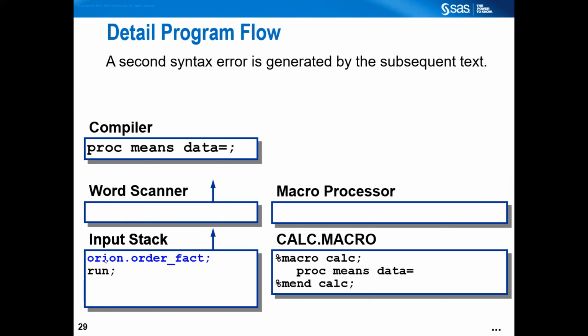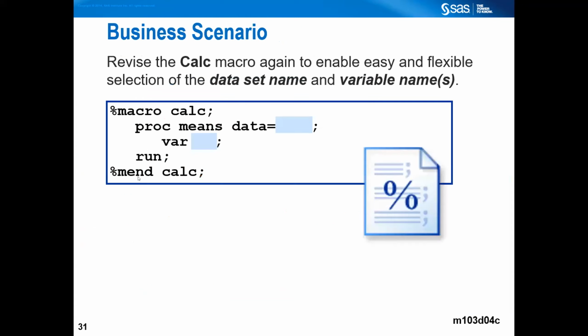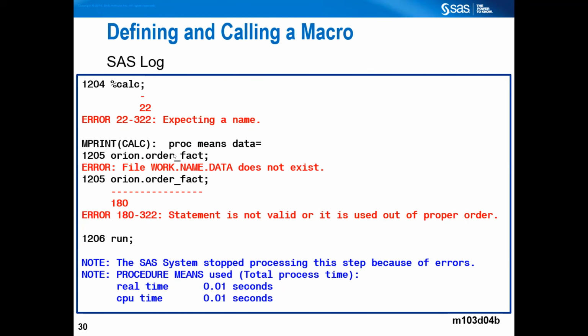It is not understood because it's treated as an independent statement that doesn't begin with any keyword. Hence, it's a syntax error. See, it's telling again this is a statement not valid and not used in proper order. So this is how unexpected errors come if you call your macro with a semicolon. It's better never to call your macro with a semicolon.